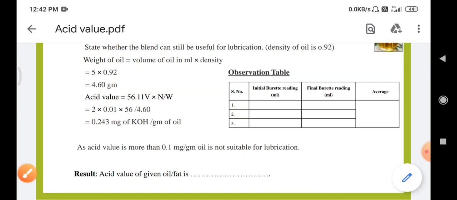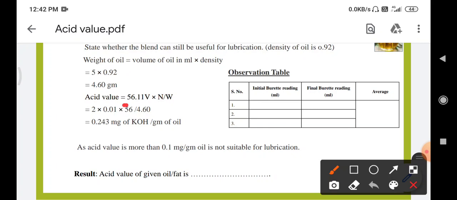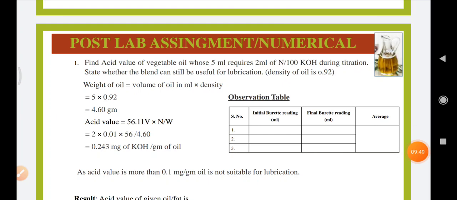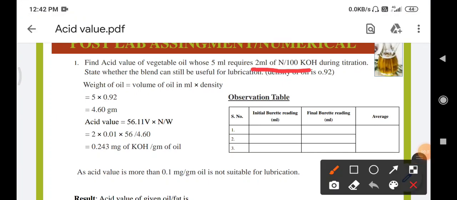Now for the acid value, we have already given the formula: 56.11 V into N upon W. So 2 ml of N by 100 KOH solution is used, so we can put 2 into 0.01, which is the N by 100 KOH solution, into 56.11, and this is divided by 4.60, the 4.60 gram, that is the weight of the oil.